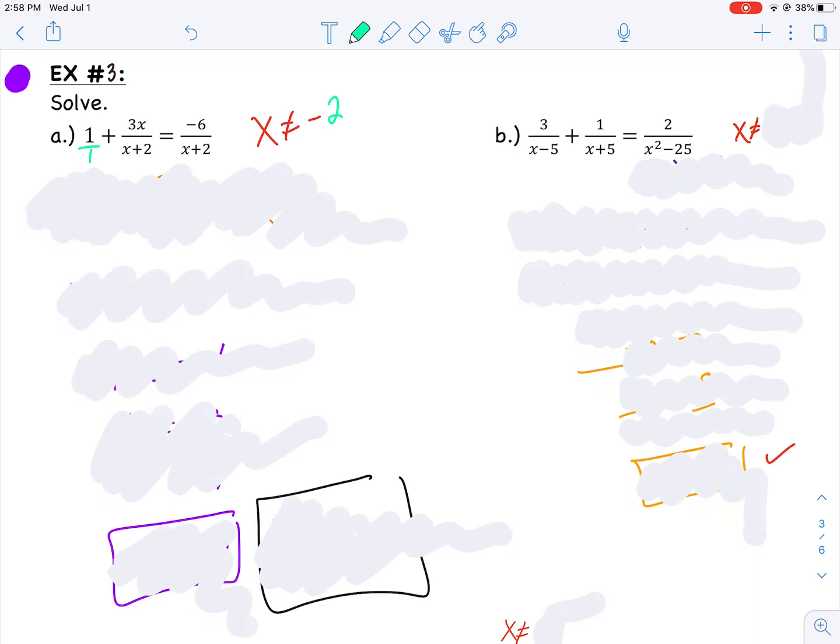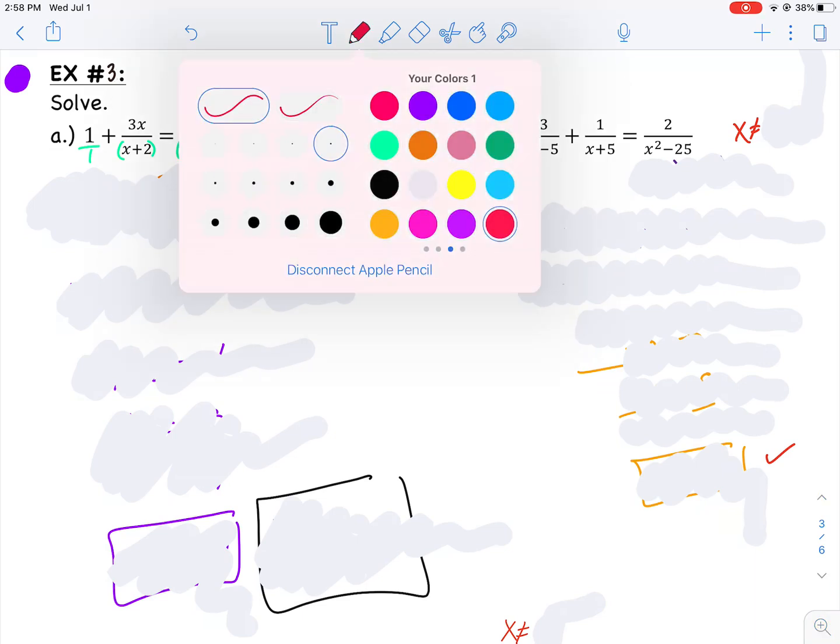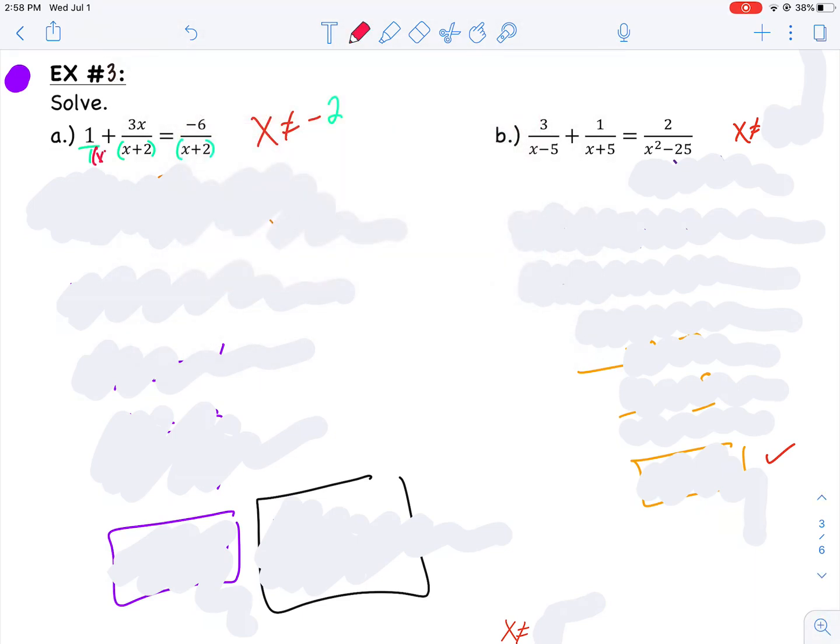So we just have to make sure that neither of our answers is negative 2. Here we go. Let's go ahead and get a common denominator. As soon as our denominators are the same, we can just worry about our numerators. My last two fractions already have the same denominator, so the first one will need a denominator of x plus 2. Let's multiply both the top and the bottom of that first fraction by x plus 2 so that all my denominators are the same.